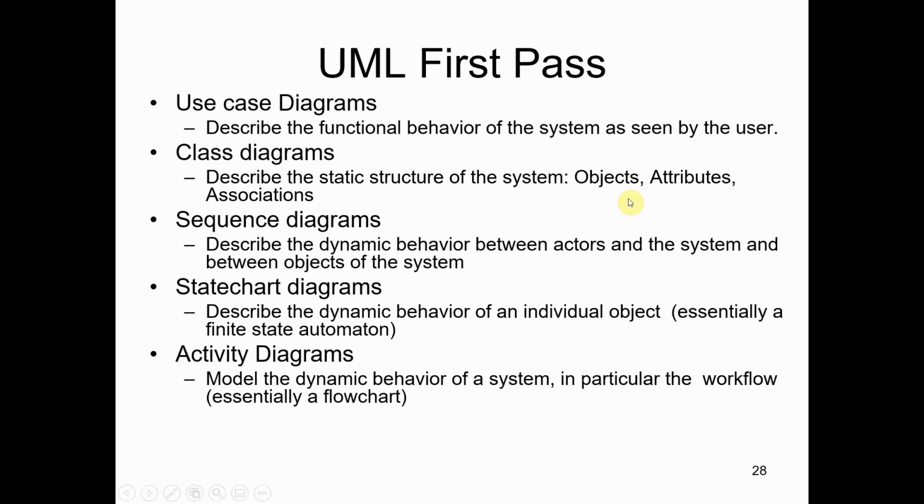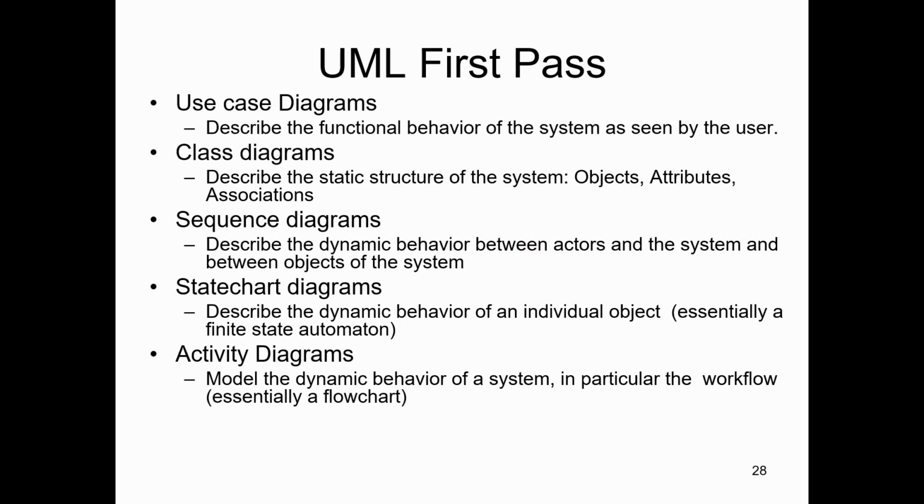Then the sequence diagram describes the dynamic behavior between the actor and the system, and between objects of the system. We will use the sequence diagram to describe the interaction between the participants of a structure. For example, in our design patterns, we have different classes and come up with the overall design of a pattern.